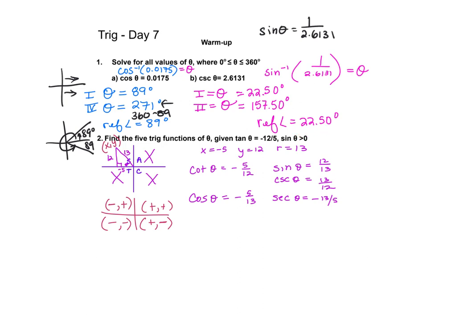Then I have to decide where I'm going to have my solutions, which quadrants. Cosecant's positive and also sine's positive, the reciprocals of each other. So I know that it's going to be in the quadrants where y is positive, since sine is y and cosecant's 1 over y. So it's in quadrants 1 and 2. The first angle is easy.